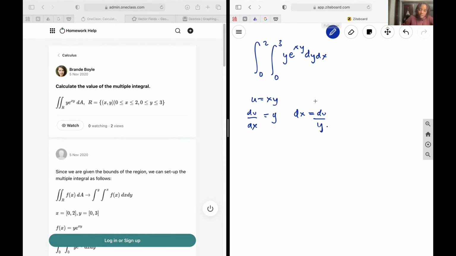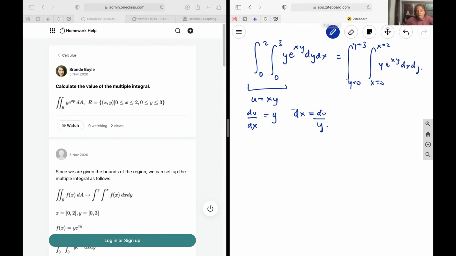What we're actually going to do here is integrate with respect to x first because of that. So this will actually become the integral from y equals 0 to y equals 3, integral from x equals 0 to x equals 2 of the same stuff.